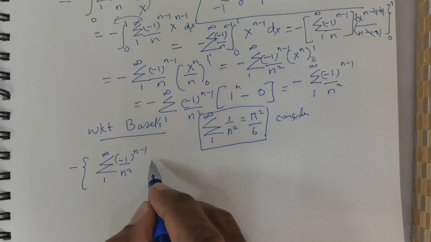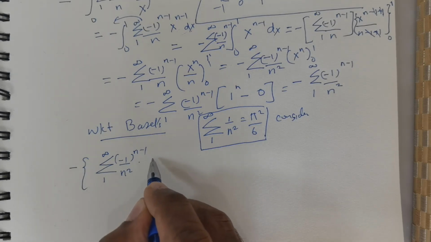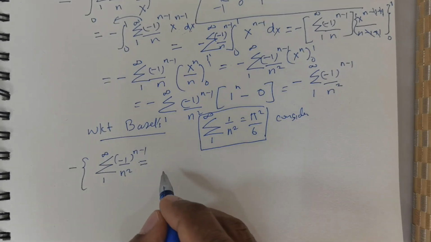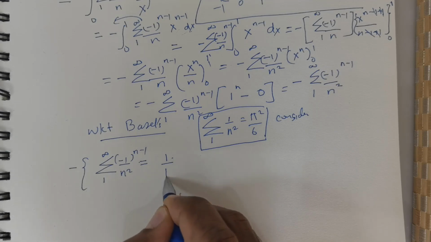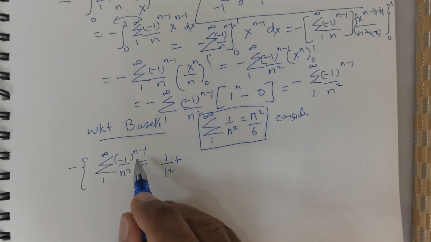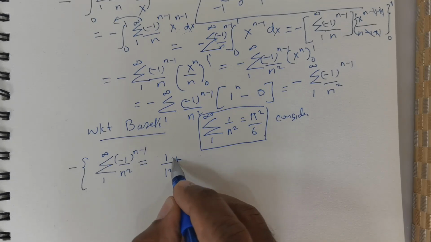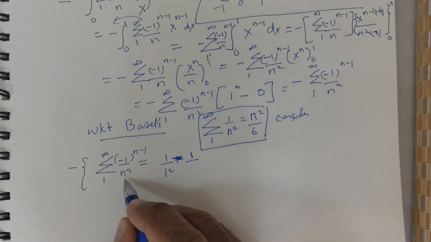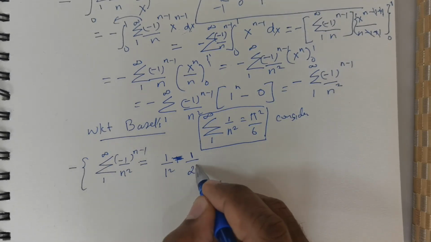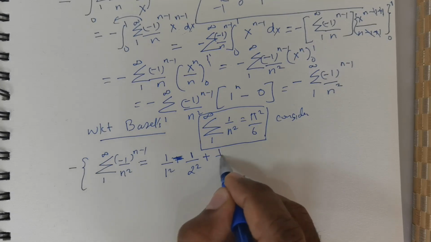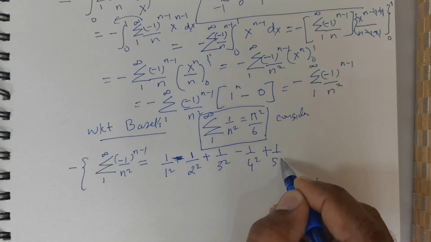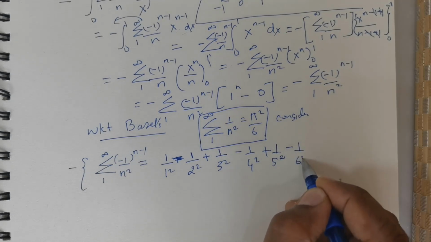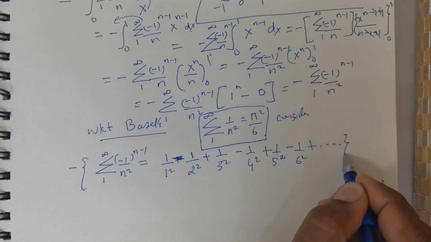Now if you were to evaluate this, n is equal to 1, 1 minus 1 gives 0 as the power, so that gives you 1, that's 1 over 1 squared. n is equal to 2 will give you a negative number, negative 1 over 2 squared, then n is equal to 3 is positive, 1 over 3 squared, negative 1 over 4 squared, positive 1 over 5 squared, negative 1 over 6 squared, positive, etc. So this is the term that we are getting.